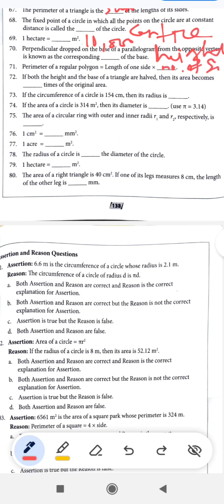Next, if both the height and the base of a triangle are halved, then its area becomes dash times of the original area. So what is the original area? Half into base into height. Correct?